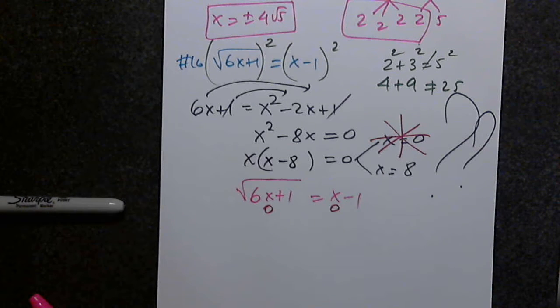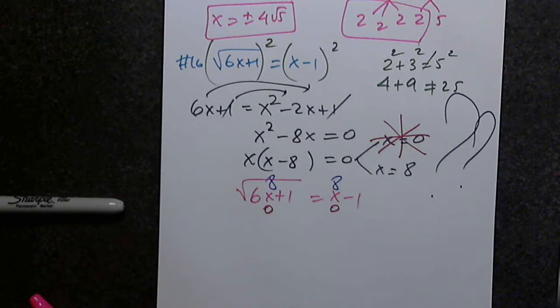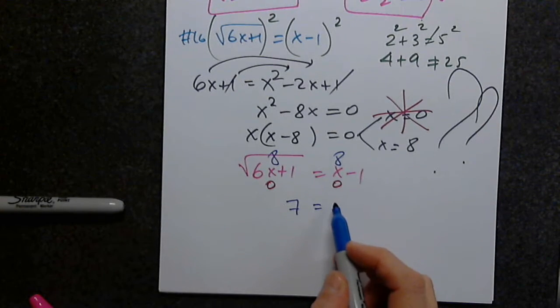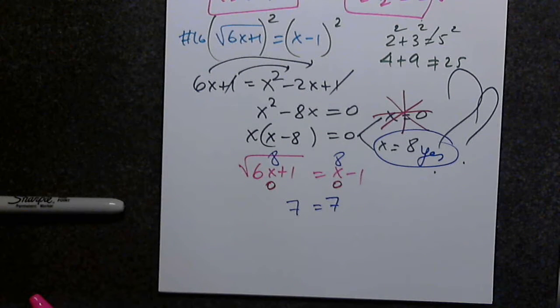So now when I plug in 8, 6 times 8 plus 1, the left-hand side is 7 because the square root of 49 is 7. And the right-hand side is 7. And then I will definitely say yes on x equals 8.